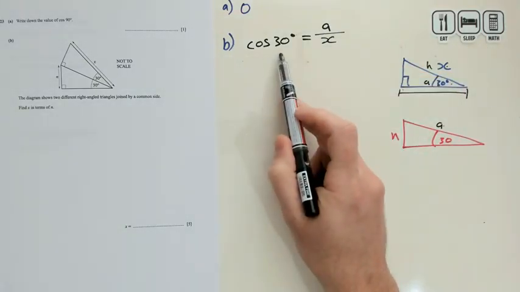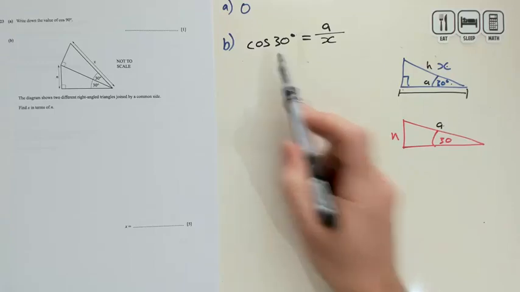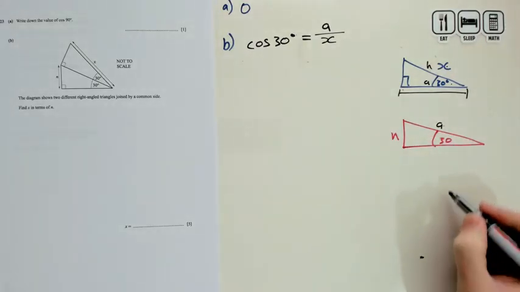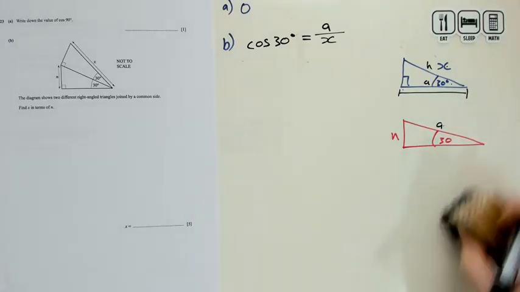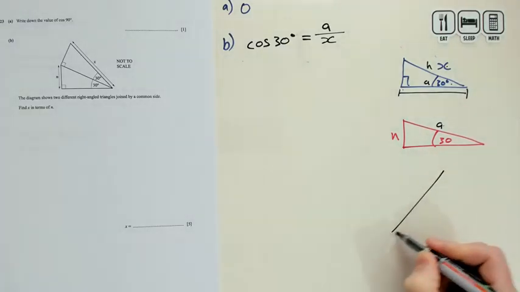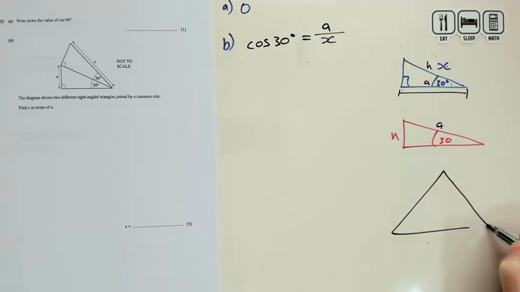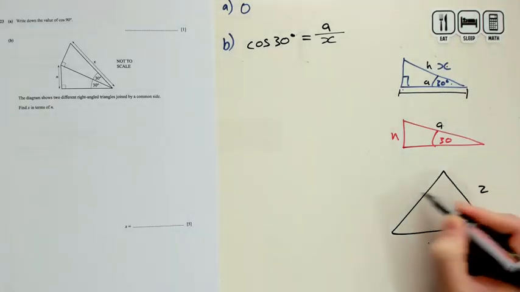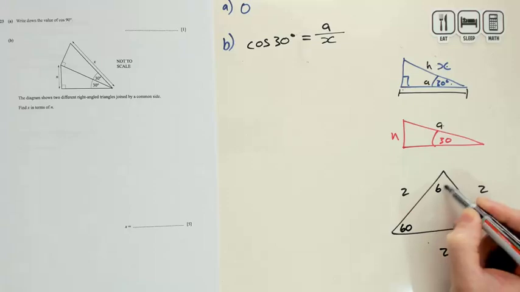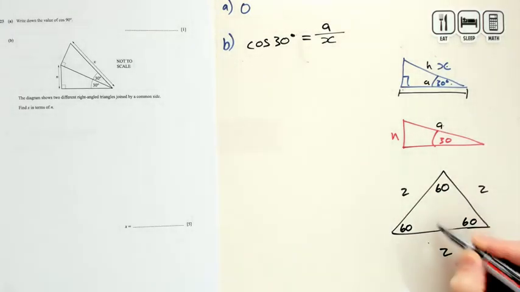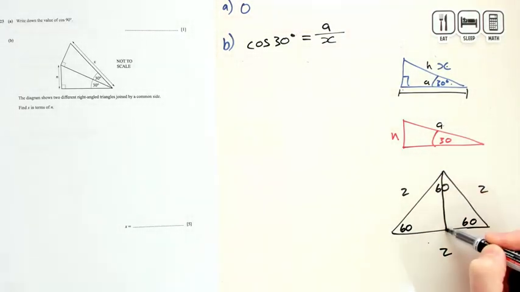Now cosine 30 is an exact value you should know, but if you were to forget, you know how to get it. If we had an equilateral triangle with sides of 2, then all of these angles would be 60. But if we split this over, then these two would be the same.